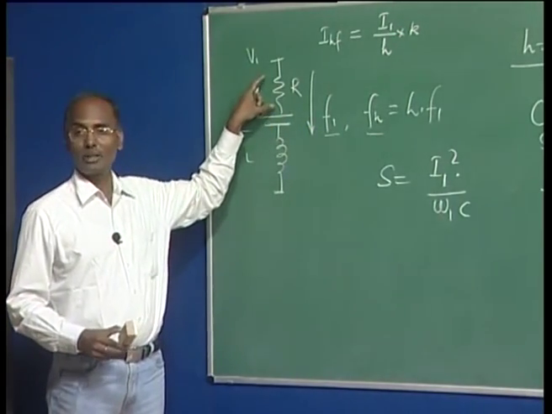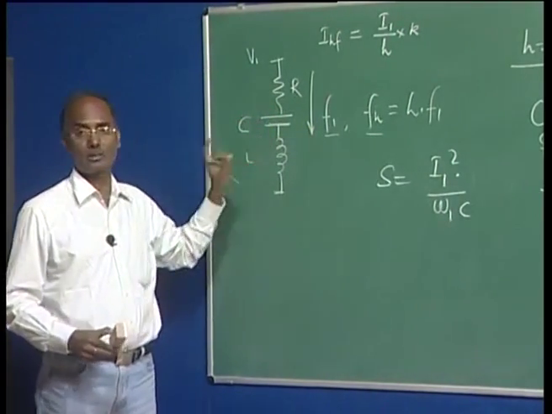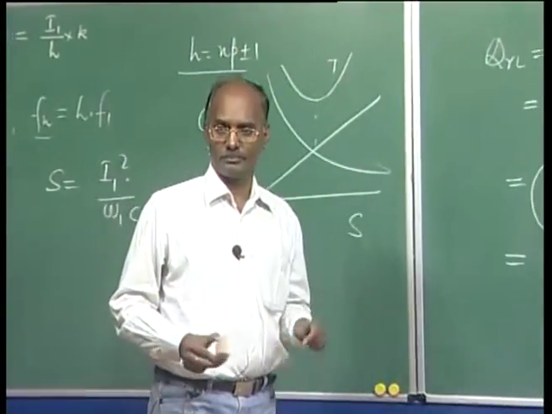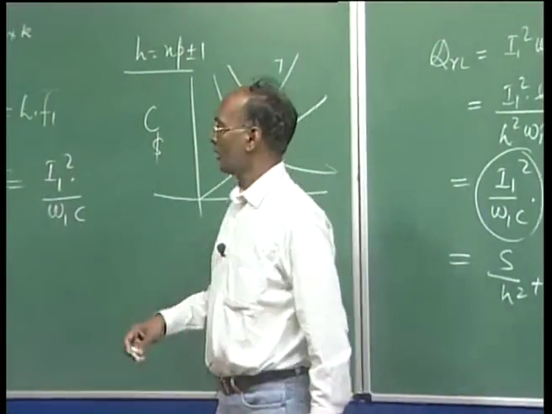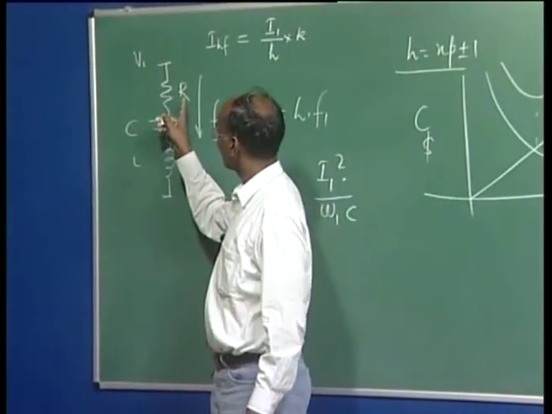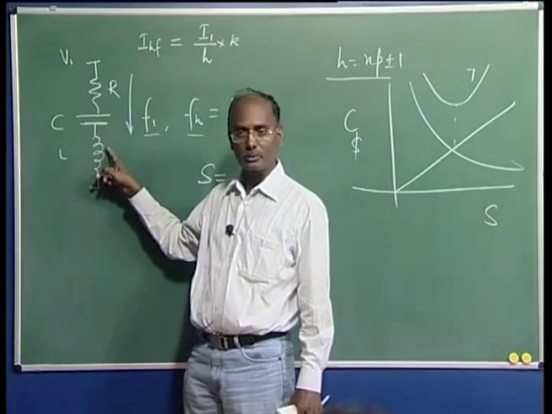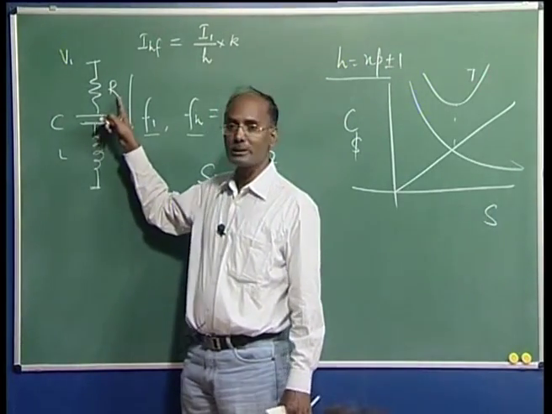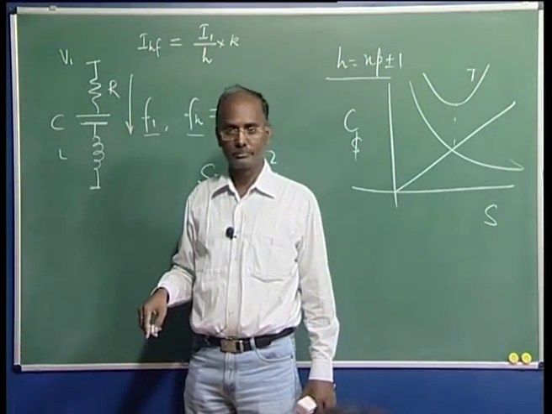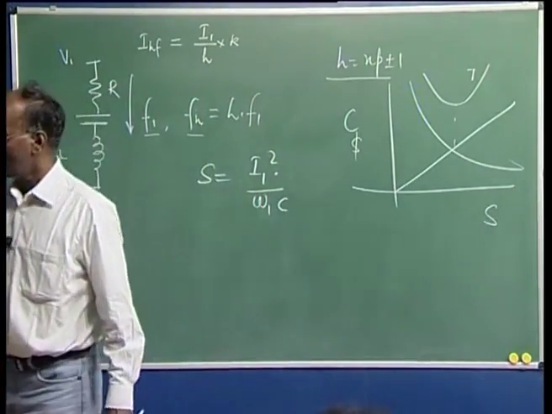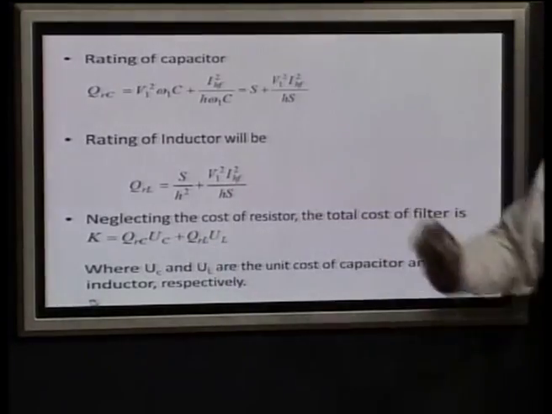This cost is of course very, very small compared to these two costs, because the resistor cost is very small. And in tuning, it is independent of the tuning frequency, because these two vary to tune. The resistor only determines how much energy it dissipates and how much damping it provides for the transient disturbance. So your K will be this one.